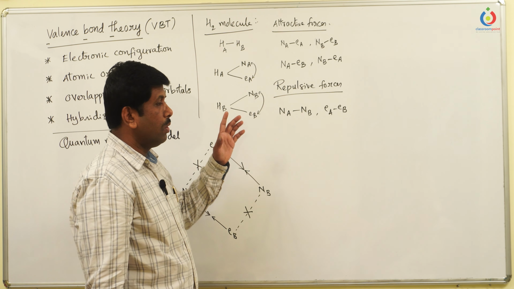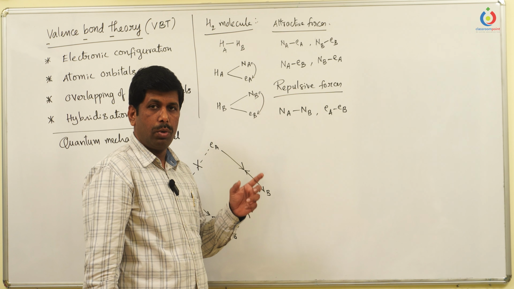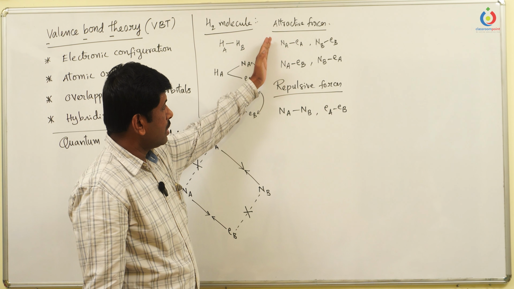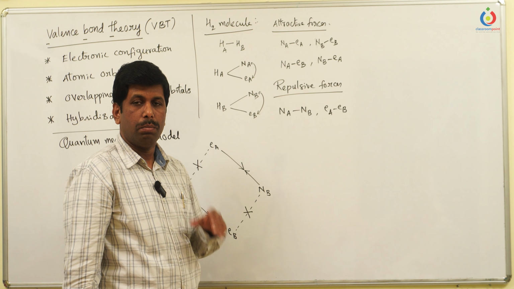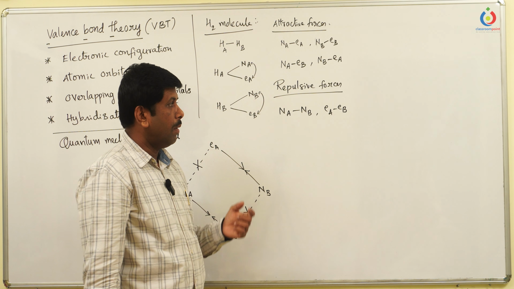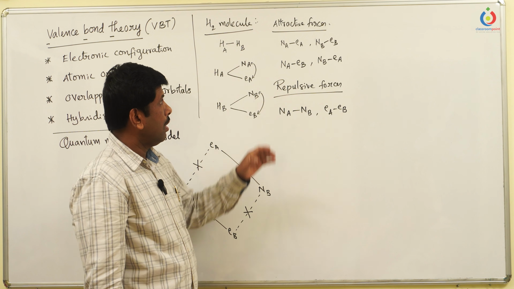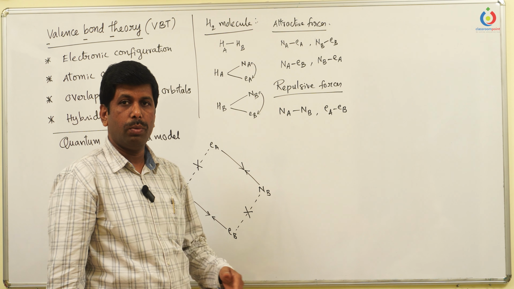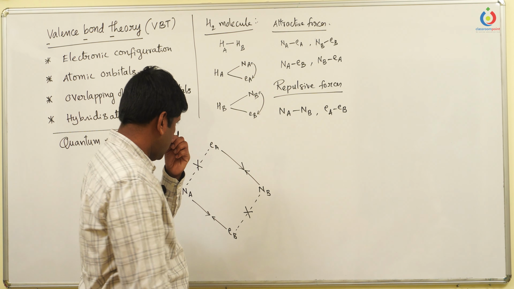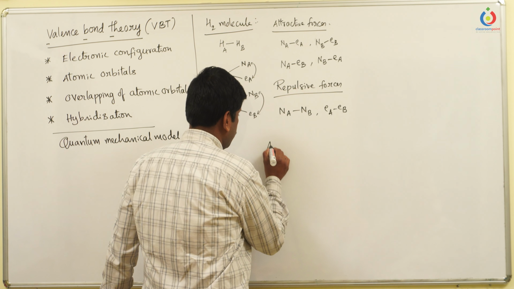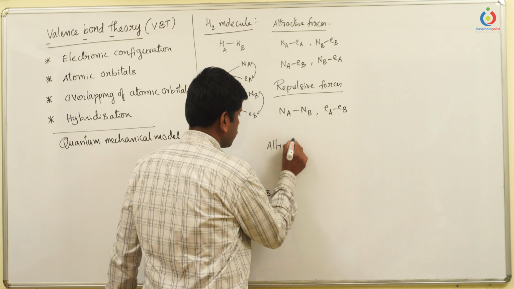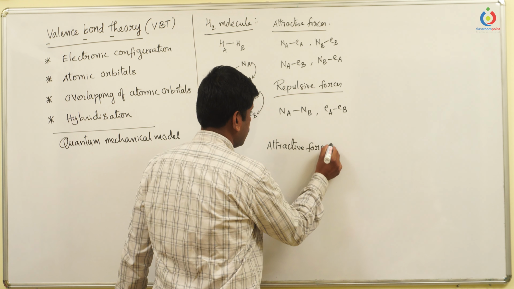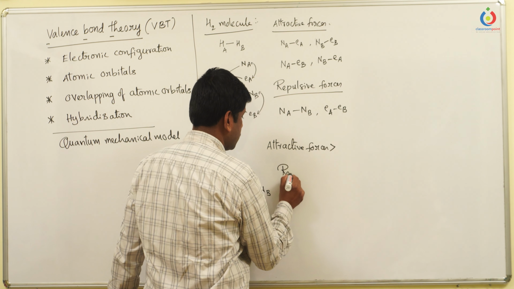Whenever hydrogen atoms come towards each other to form the H2 molecule, attractive forces as well as repulsive forces both start operating. But practically it was proved that the attractive forces dominate the repulsive forces, hence an H2 molecule is formed. So the attractive forces dominate the repulsive forces.